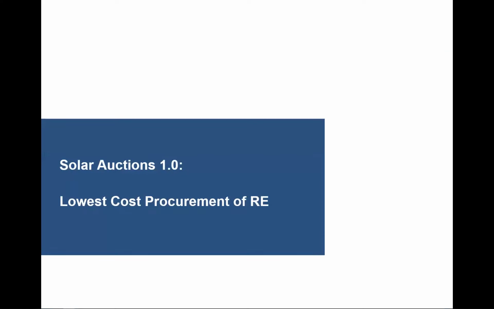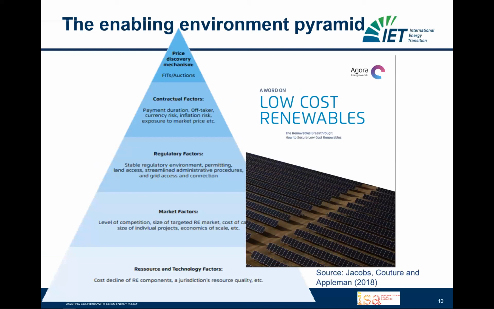So just a quick summary from the last webinar, session 10, where we primarily discussed policy frameworks and design options for lowest cost procurement of renewable energies. I had shown you already this enabling environment pyramid, just to make clear again that the decision whether you opt for a feed-in tariff or an auction-based support mechanism is not as important as many analysts try to suggest.